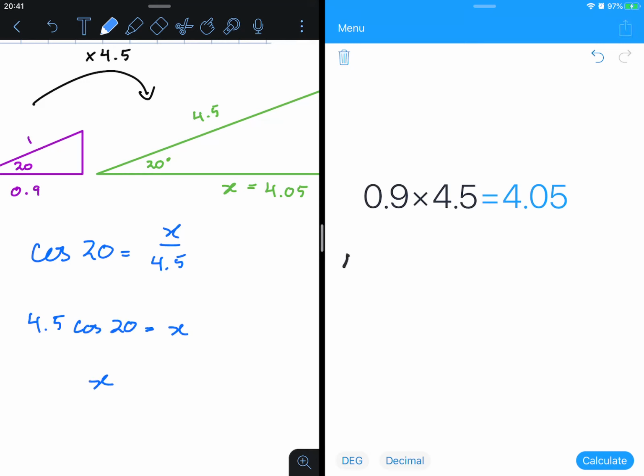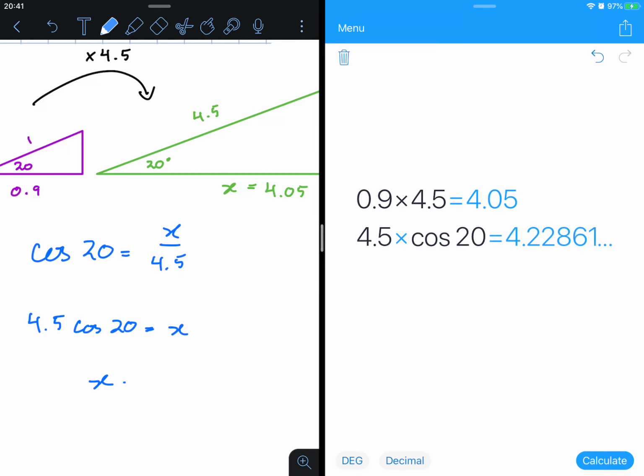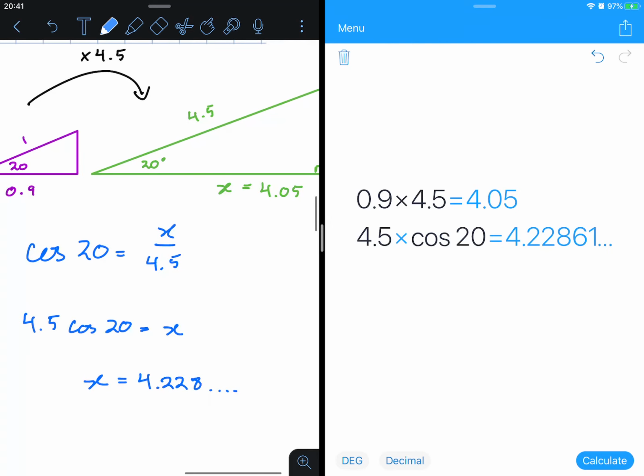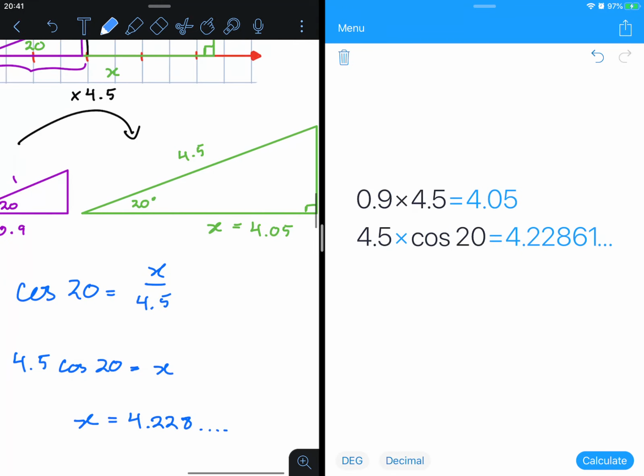We can calculate that using a calculator. 4.5 times cosine 20 is about 4.228, which isn't too bad considering that we calculated the other one by hand.